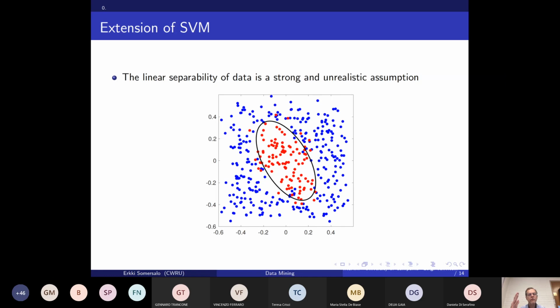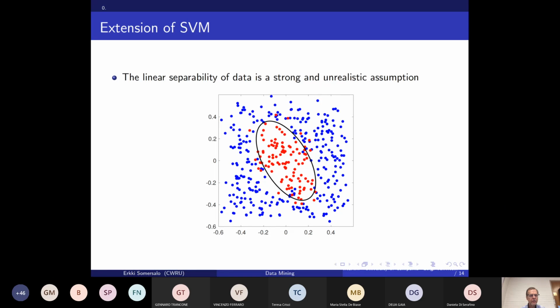So you could think that instead of trying to find a hyperplane, you could ask, is there a way to find other shapes, like ellipses, circles, parabolic curves, whatever you want, and separate the points according to which side of that curve the point is falling. Now, for those of you who have been working with image processing, this may sound familiar, because you have probably seen level sets.